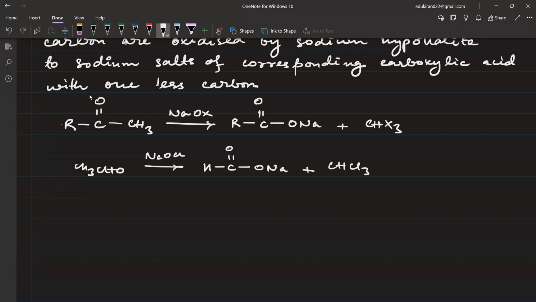When you have, as you can see, one CH3 there, and you have NaOI, then you will be getting double bond O, ONa plus CHI3. Now, what will be the color of iodoform?